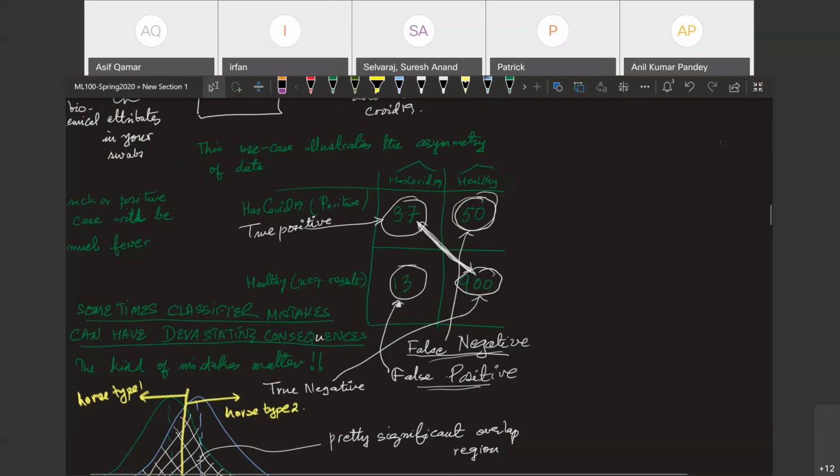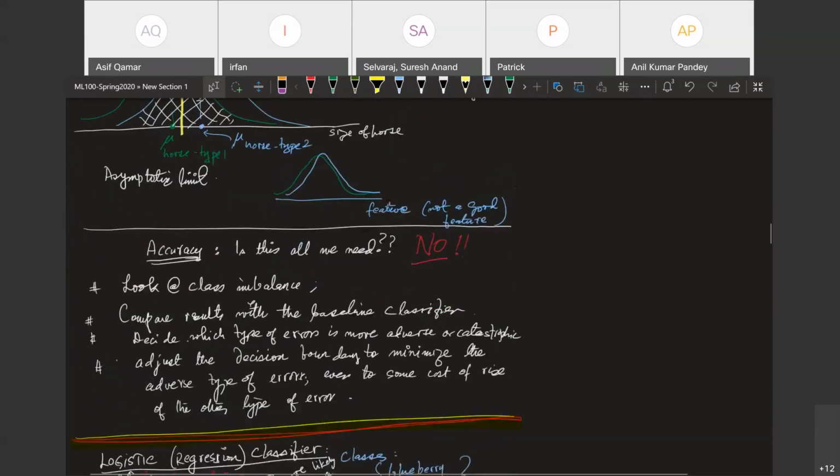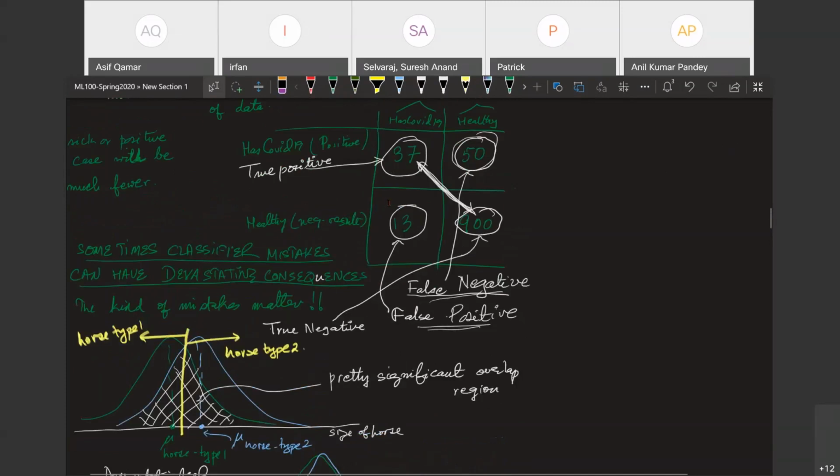Yes. And then with healthy people, if you mark some healthy people as having COVID, you mark them positive for the disease, that is wrong. That is false. If it helps you, put the word wrong instead of false. In colloquial language, you'd say wrongly identified as negative and wrongly identified as positive. Let me put the colloquial meaning here.